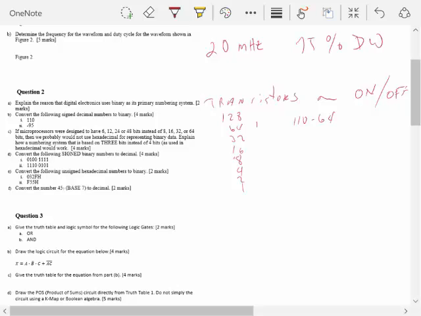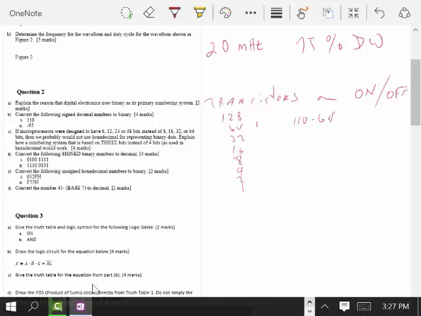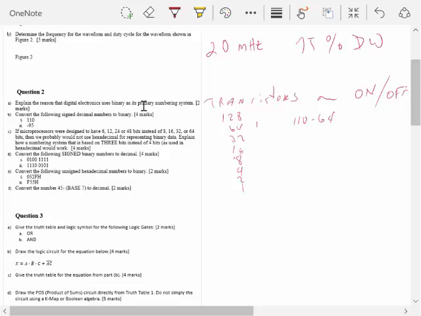I'm going to pull up the calculator. I seem to do better with this one today. So 110 minus 64, I'm left with 46. So I got a 1 here.